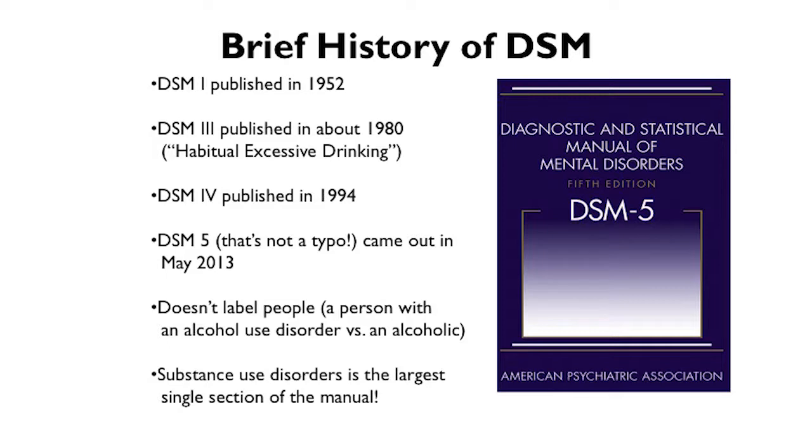DSM-4 was 94, DSM-5 just came out in May of last year. So the idea here is it doesn't label people, they're working more towards a person-centered language. So a person with an alcohol use disorder versus an alcoholic. I am not my disorder, I am a person with a disorder or a disease. And substance use disorders is the largest single section in the entire DSM.